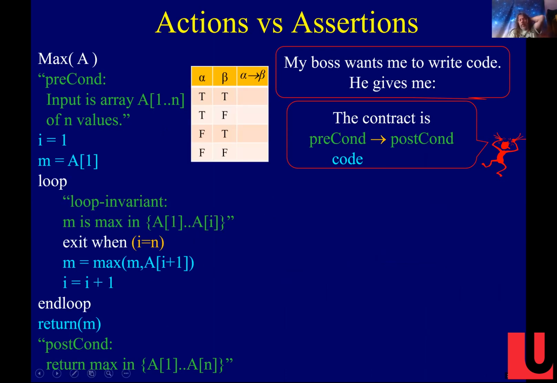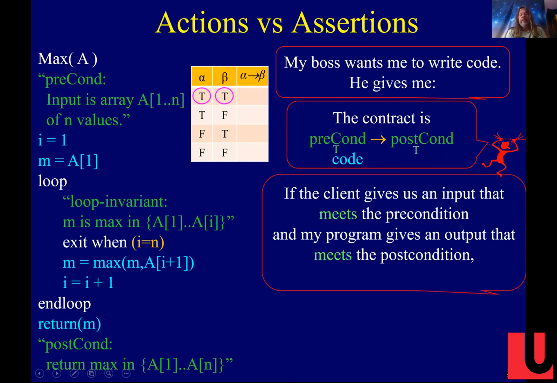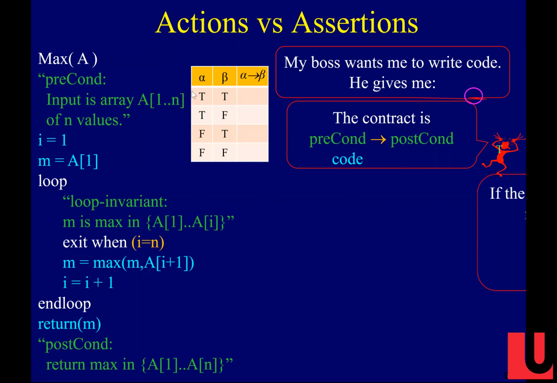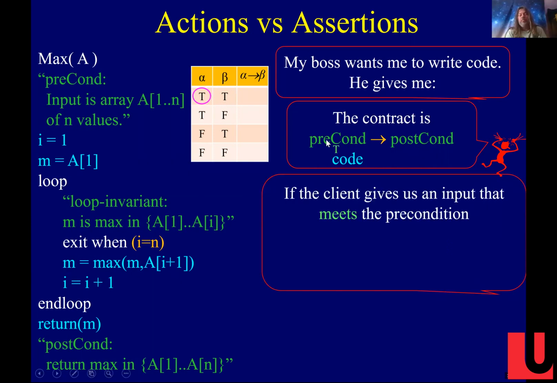All right, so now we're going to do a little 1090 math because people aren't as good at logic as they should be. What does A imply B mean? All right, so let's look at just some examples here. Suppose the precondition is true. What does that mean?